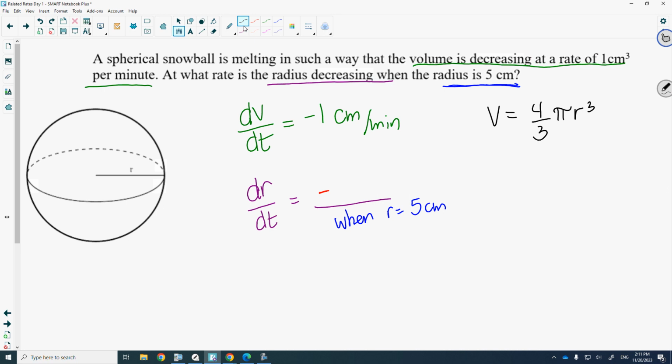Okay, so I got that. And then I just look, I say, does it relate volume and radius? Yes, it does. Is there anything on a snowball when it melts that would be fixed? Think about it. Nothing. Nothing is fixed on a snowball melting, right? So this 5 will get input afterwards, like after I differentiate both sides with respect to time.